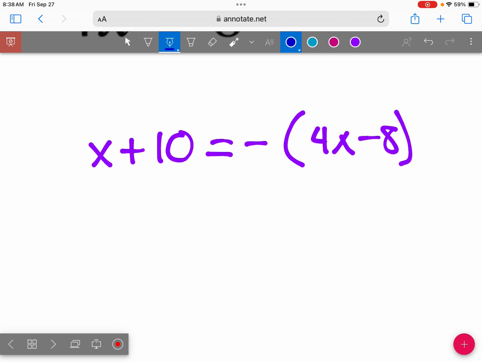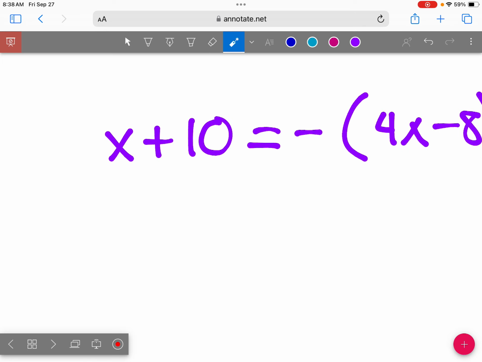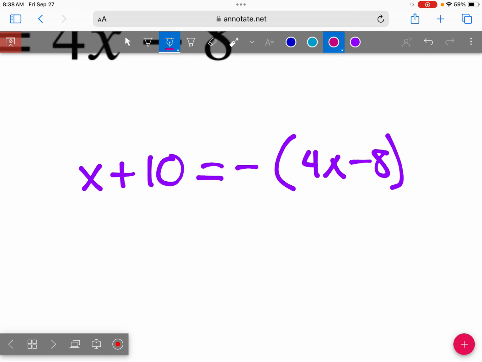All right, let's look at the right-hand one. I always set it up with my parentheses like this with my minus sign. If you are able to do that in your head and kind of distribute that minus sign through, I am 100% okay with that. But I just like to write it out for people that don't do that in their head, and that's okay. So our first step on the right-hand one, we need to distribute this minus sign through.